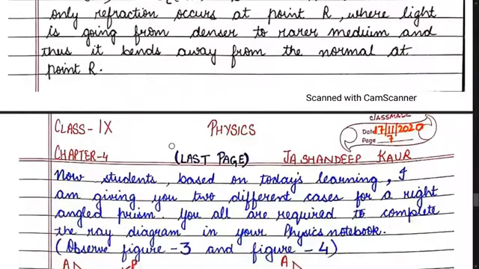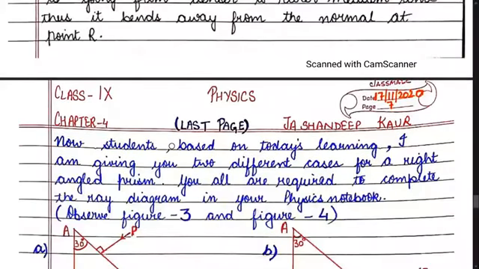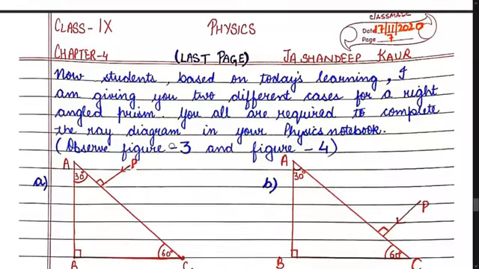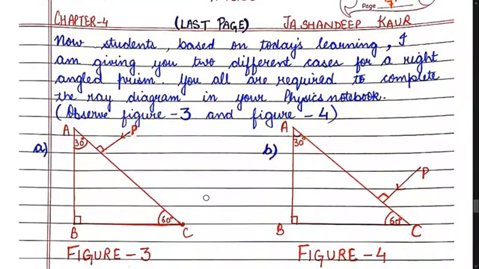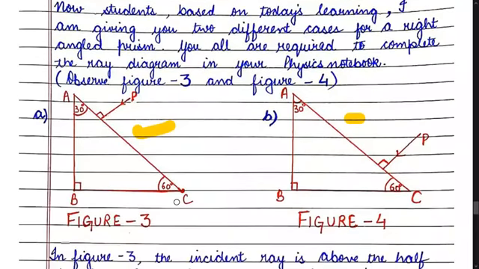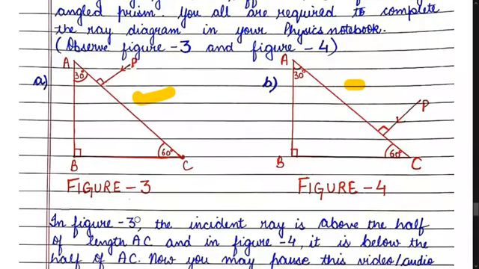So now students, based on today's learning, I am giving you two different cases for a right angle prism. You all are required to complete the ray diagram in your physics notebook, and first you observe figure number 3.